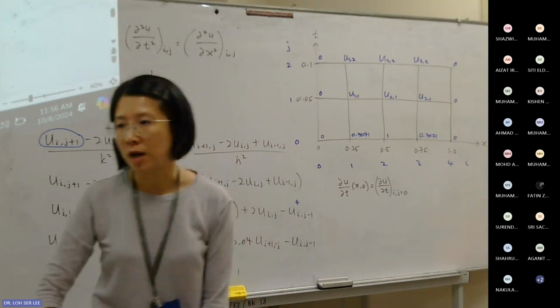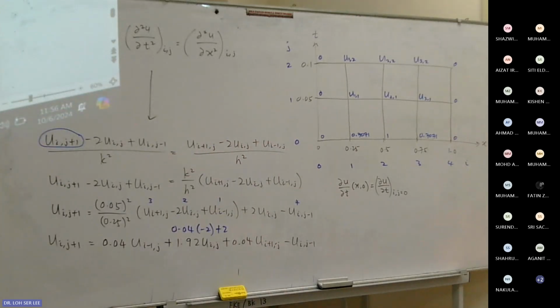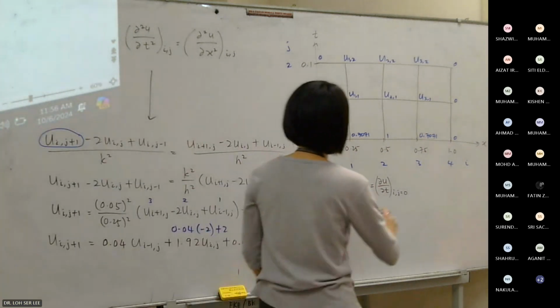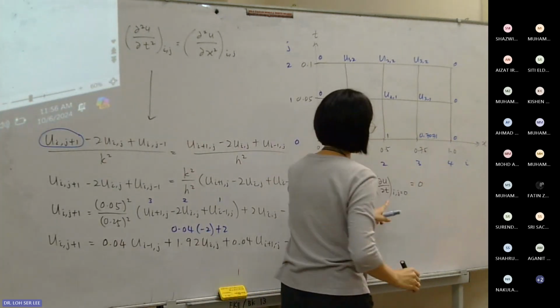Okay, and this one you have to find from the formula. This one, the central difference formula. Okay, just now this is equal to 0.